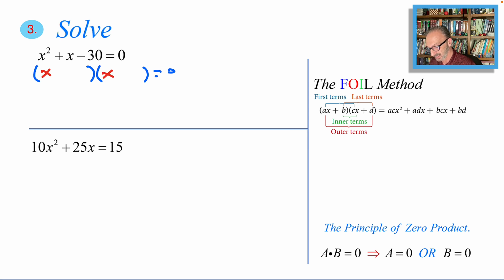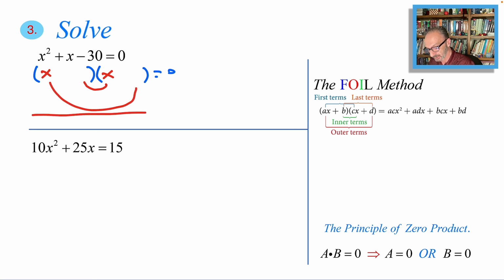We need to break down 30 to two factors such that they multiply to -30 and they add up to x. The way I do it is I go this way and I go this way, and I need those to add to positive 1x. This positive 1x is this right here.